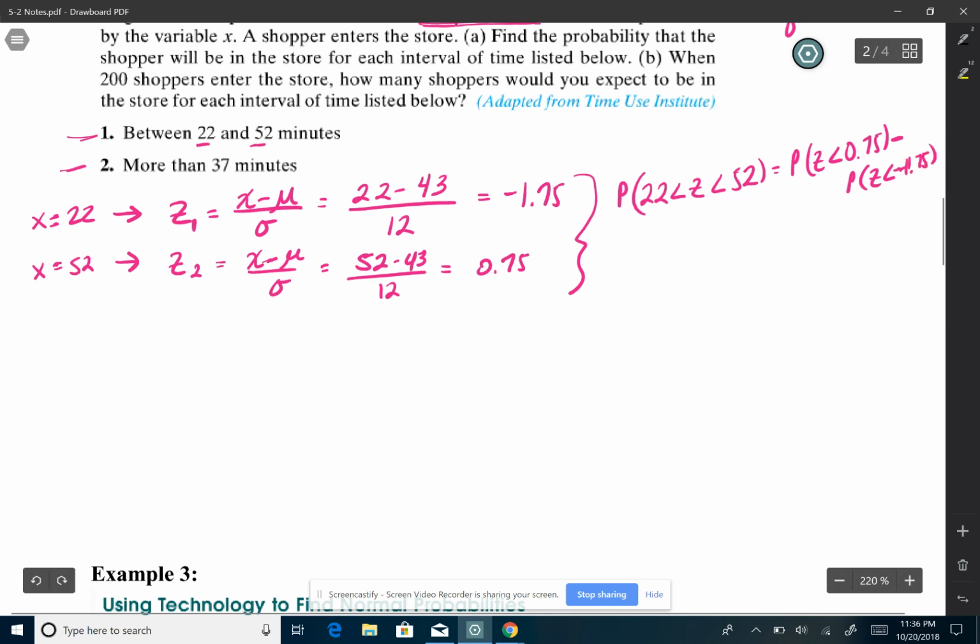You wouldn't necessarily have to write this on your paper; it's just so you can see what I'm subtracting. All you have to remember is you subtract the smaller one from the larger one, because the result will always be positive. So 0.7734 minus 0.0401 comes out to 0.7333.